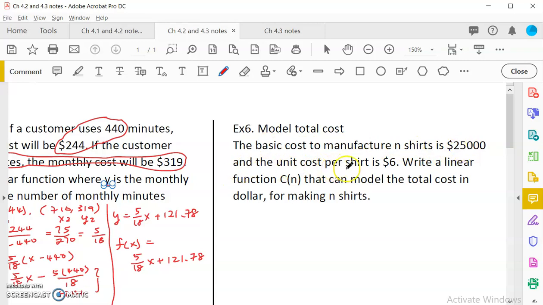The unit cost per shirt is 6. So this obviously is a rate, and it's fixed. So it is linear.